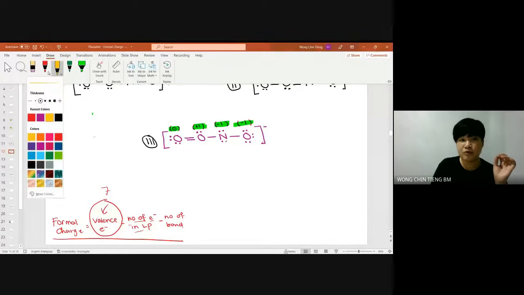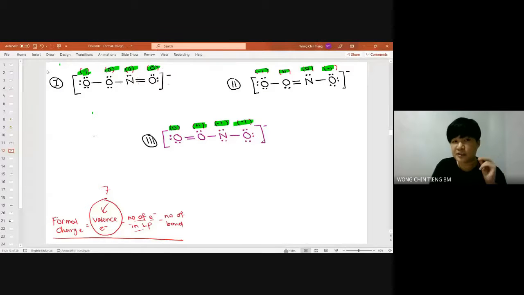Next thing that I want you to look at is your formal charge. Every set of formal charge here: negative 1, 0, 0, 0 equals back to negative 1. Right? Look at this set. What is the sum?